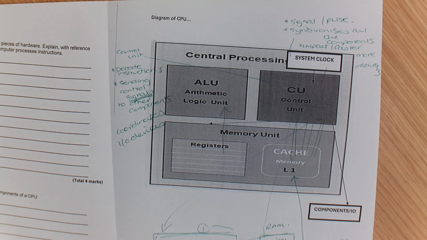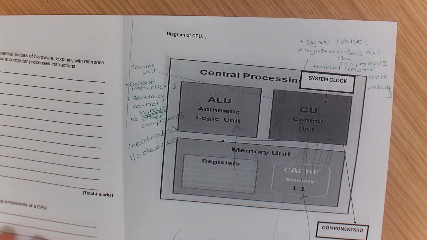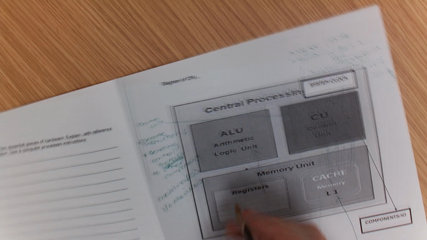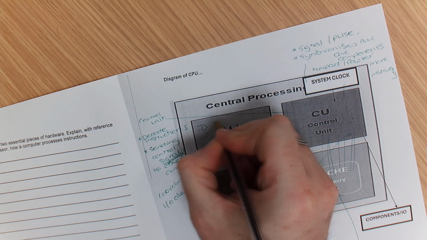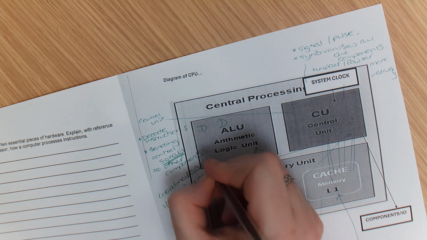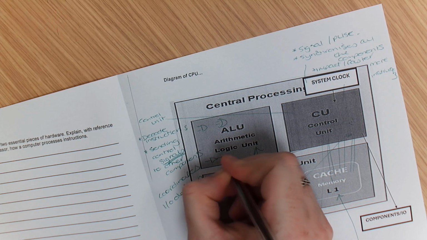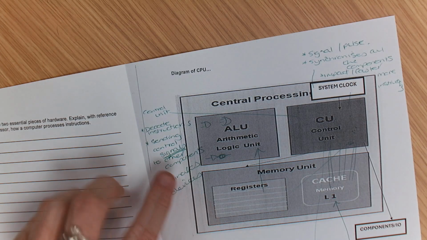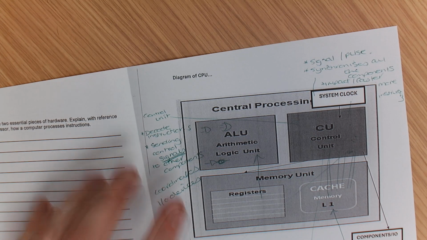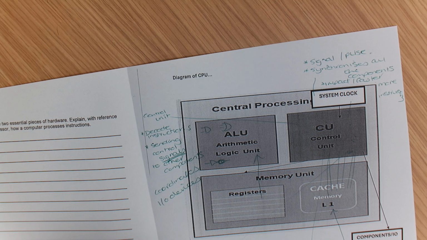The ALU's job, and if it helps you with revising, because some of you are more visual, why don't you draw your logic gates on there. Sorry, that's a NOT gate. That's where all your logic is happening. All your logic gates and logical comparisons.